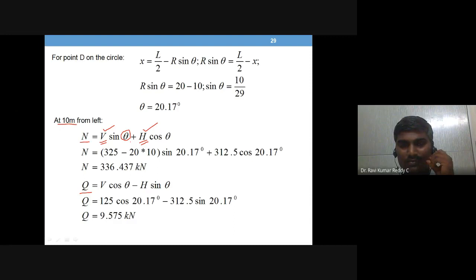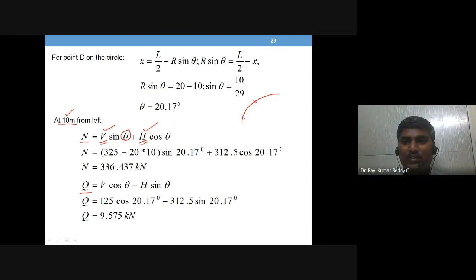Theta value of the point at 10 meters on the arch. If you remember, to write this equation we chose theta like this: if this is the arch, this is a point that you choose on the circular arch.